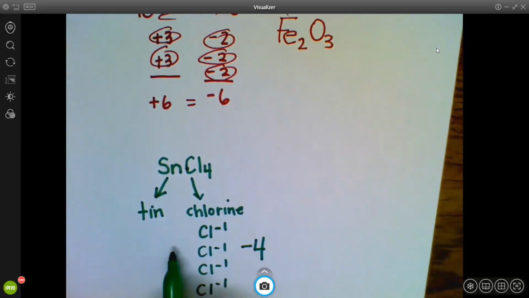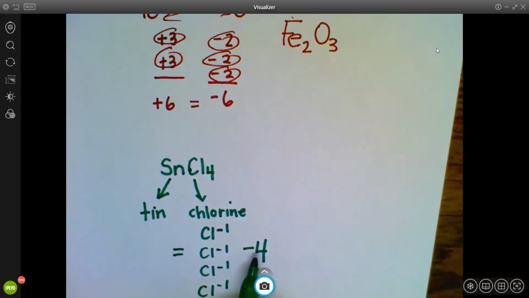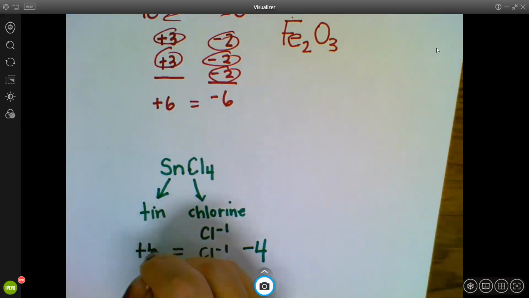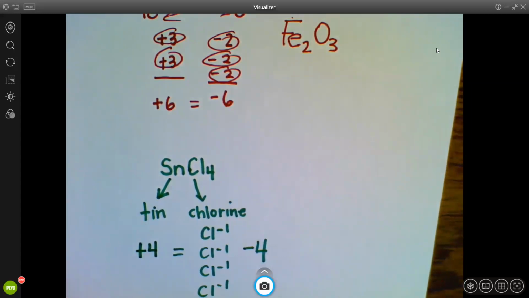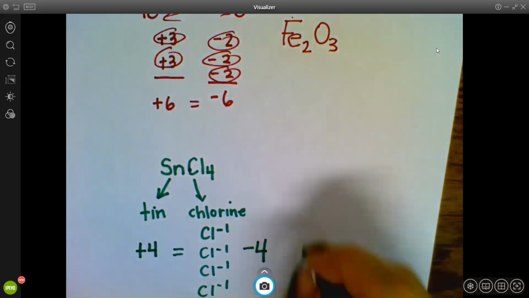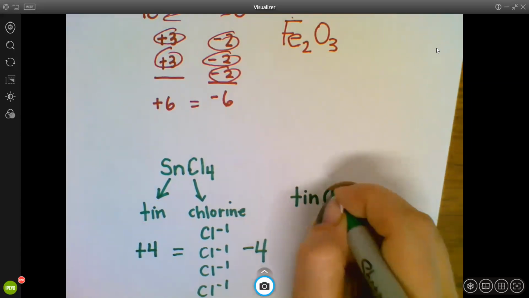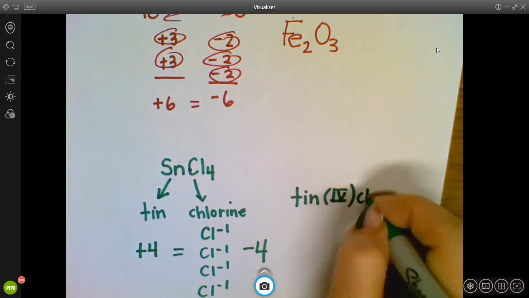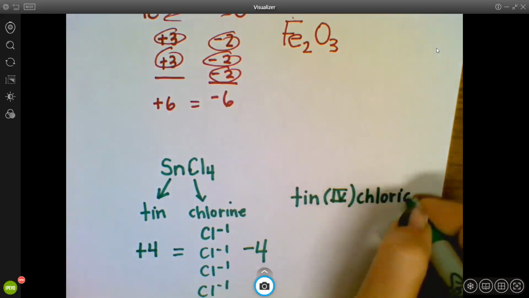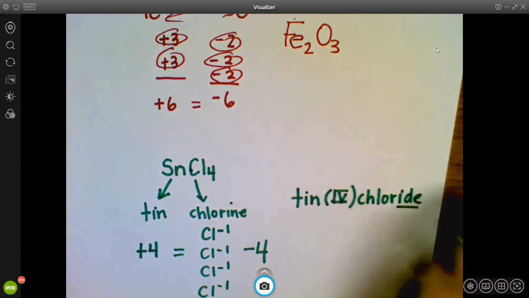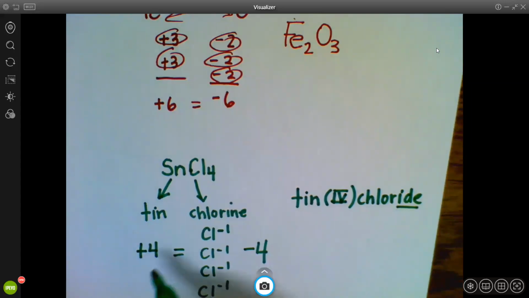I know that the charges have to equal. The number of electrons lost have to equal the number of electron gains. So if this would have a total charge of -4, this would have to be +4. So this would be tin(IV) chloride, remembering my IDE endings. You could also use that swap and drop.